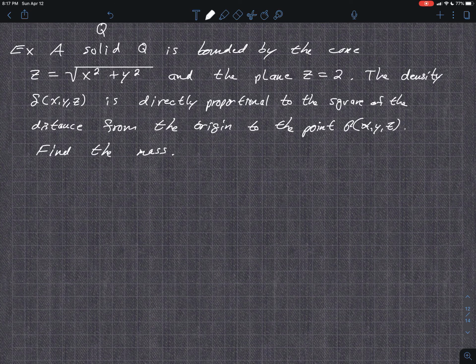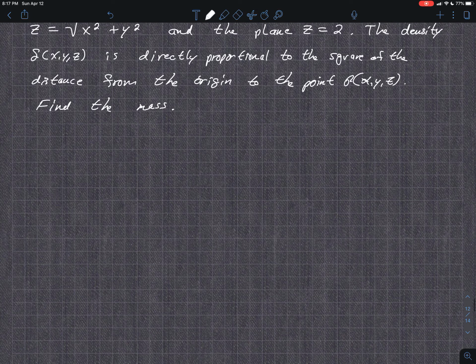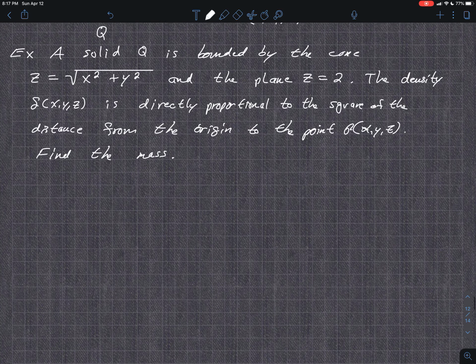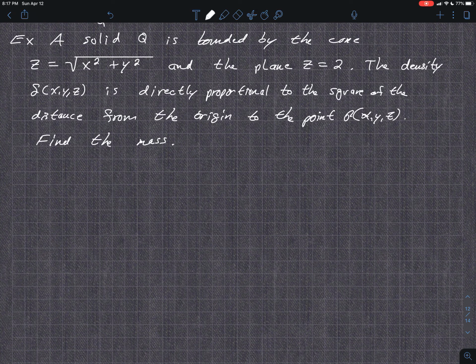So let's first draw in our picture. We have a cone, say, here. You have some cone like this, and it's cut off right at z equals 2.